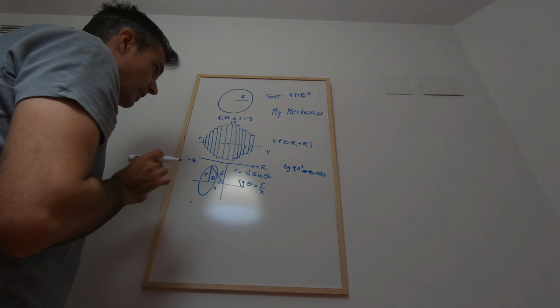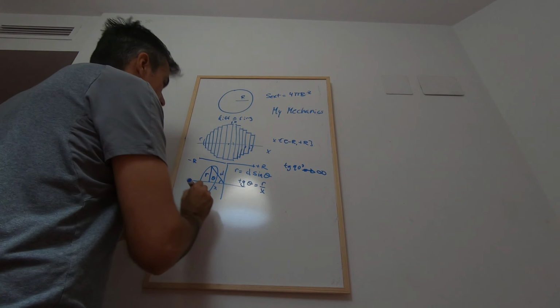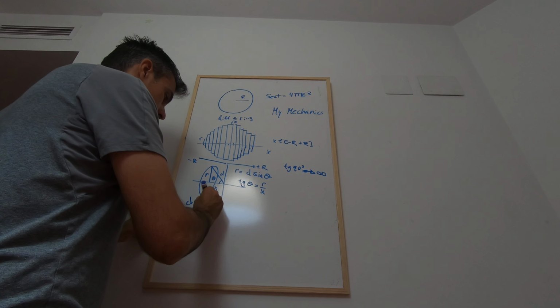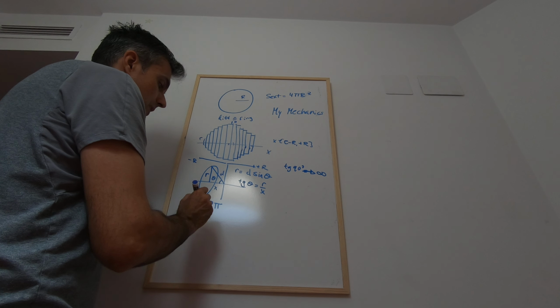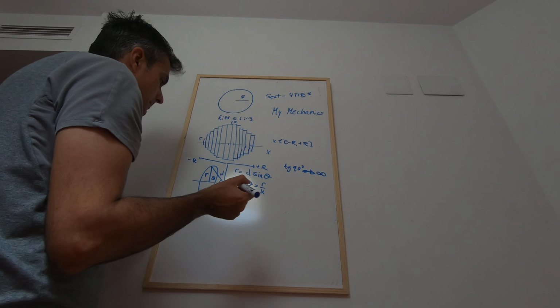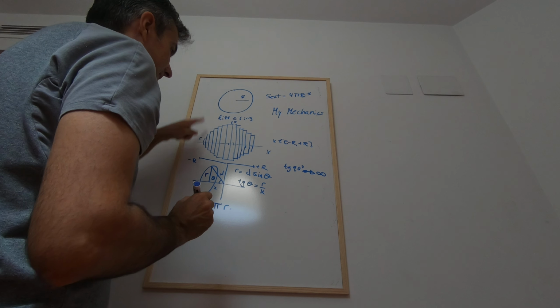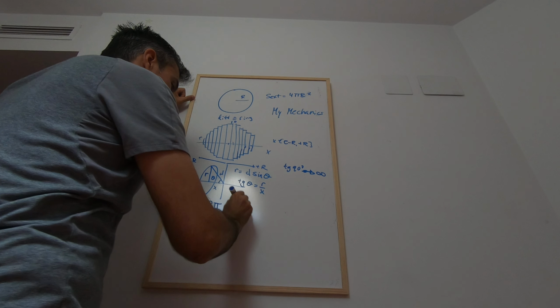The differential volume that I want to then integrate is going to be like the length, which is 2 times pi times the radius, and the radius is this distance, and the thickness is differential x.